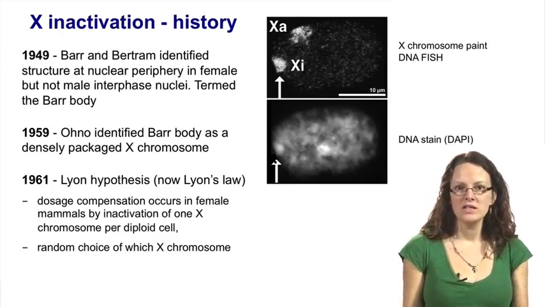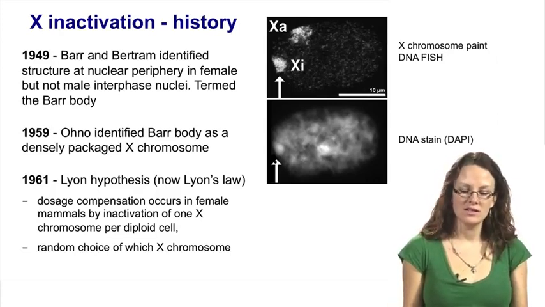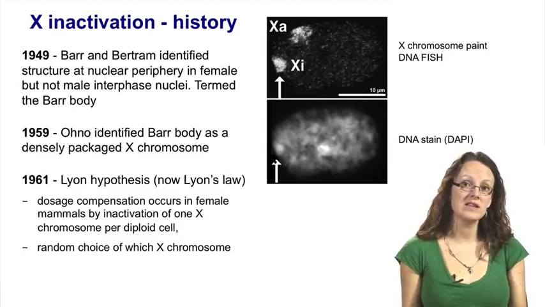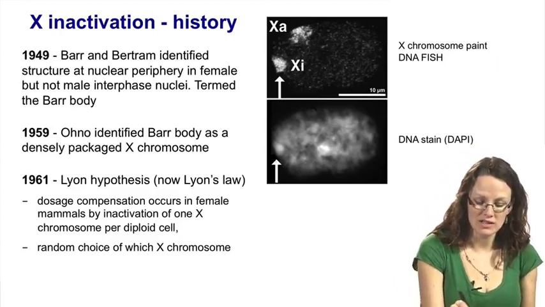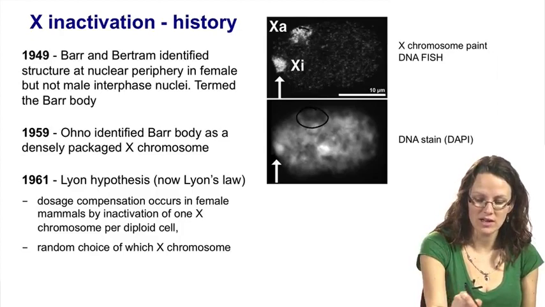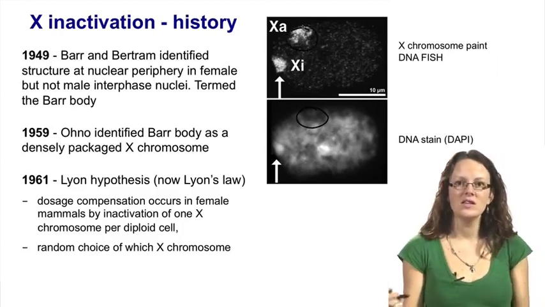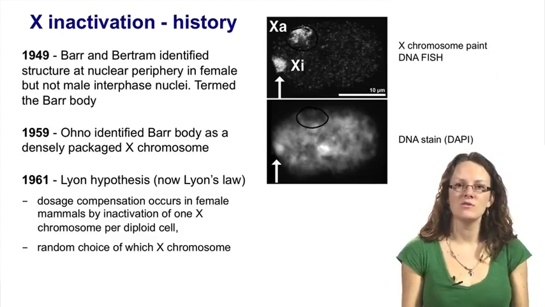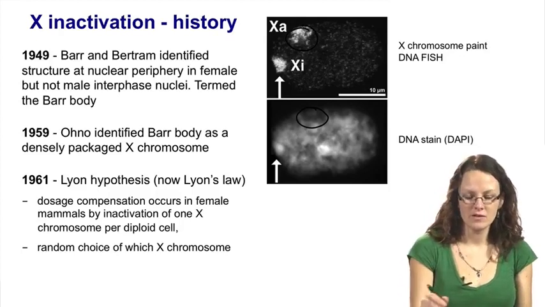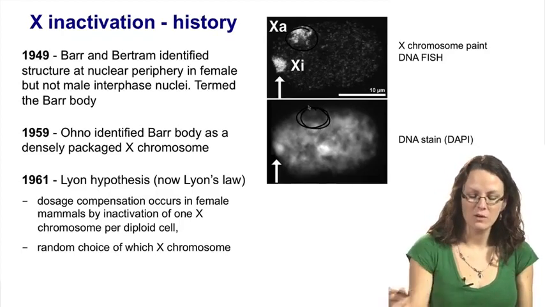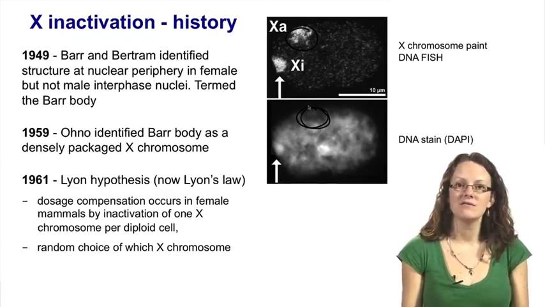There are two regions, one that is densely staining and one that is less densely staining, and we actually don't see any dense staining here at all where there is this second X chromosome. And so these denote the inactive X chromosome, which is densely staining and at the nuclear periphery, this Barr body, while the open chromatin, so this not particularly well-stained region, is the active X chromosome.